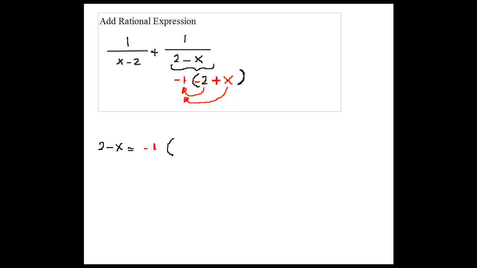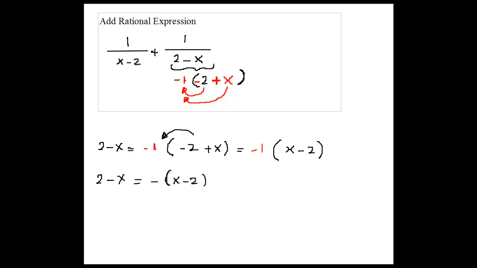So what times -1 gives me the first term must be -2, and then what times -1 gives me minus x gives me plus x. So if I switch this around, negative 2 plus x is the same as x minus 2. So it looks like 2 minus x is equal to minus x minus 2.